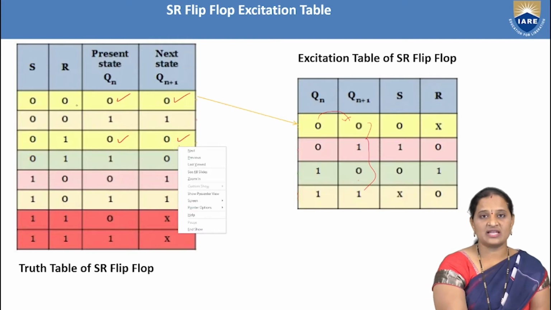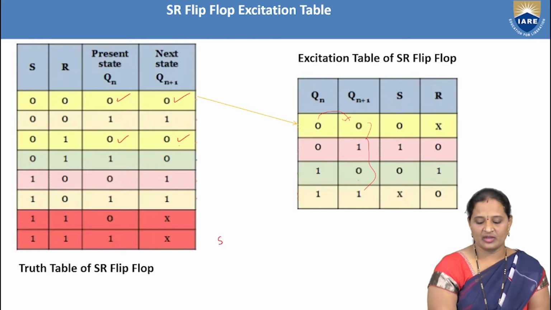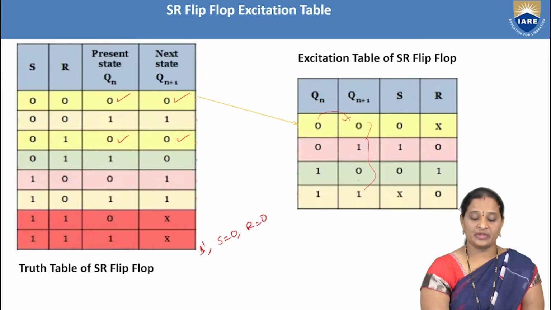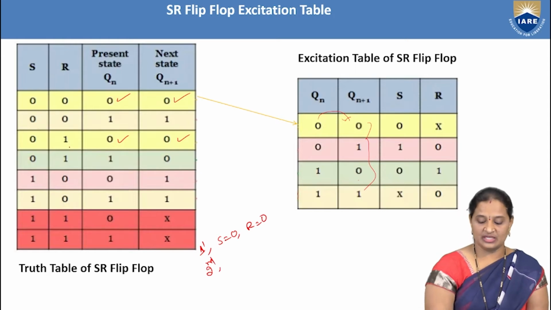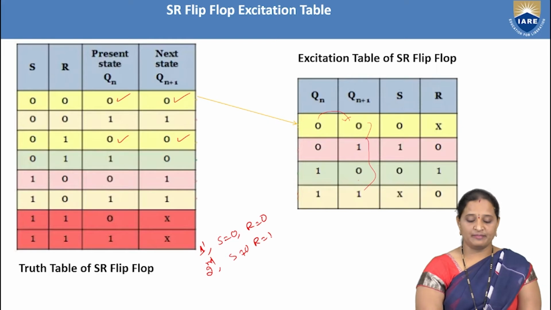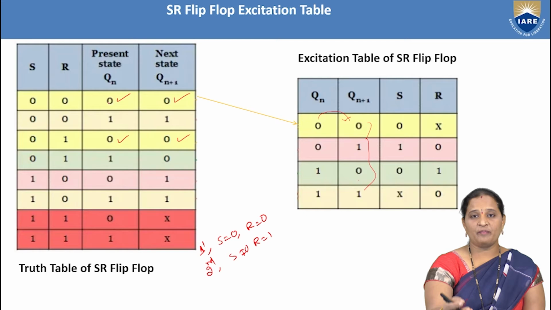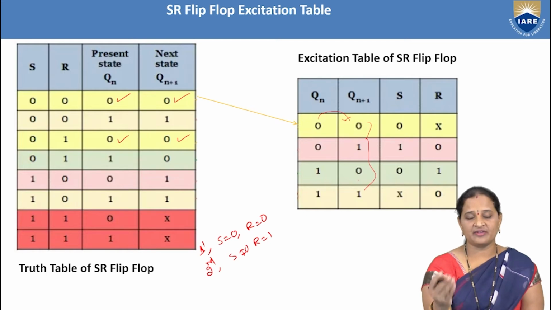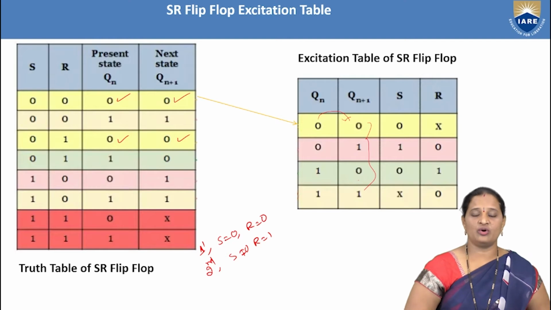And if you observe the S and R inputs here, for the first one, S input is 0 and R input is also 0. Next, for the second one, S input is 0 and R input is 1. So that means the SR flip-flop is taking a transition from 0 to 0.